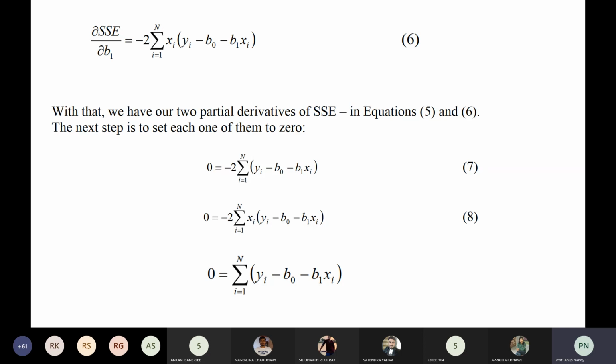Okay. Now if you just expand it for each and every component, you are going to have summation i is equal to 1 to n yi minus summation i is equal to 1 to n b naught minus summation i is equal to 1 to n b1 into xi.